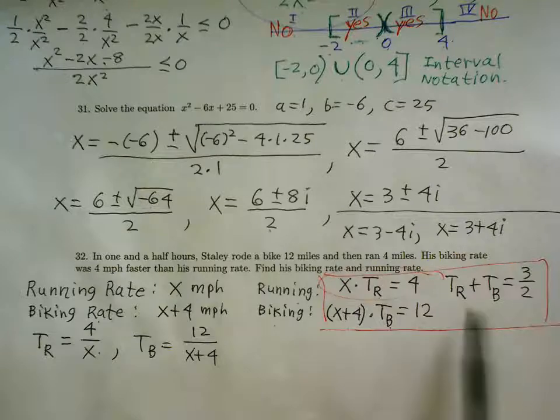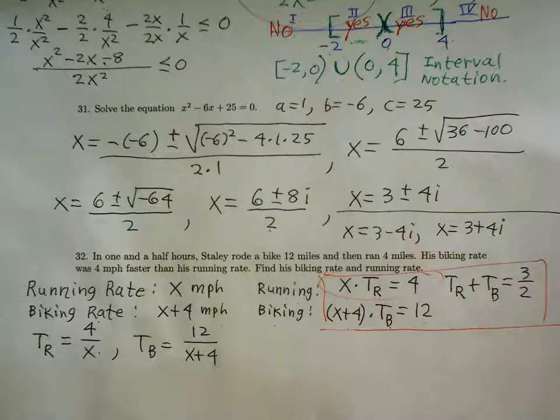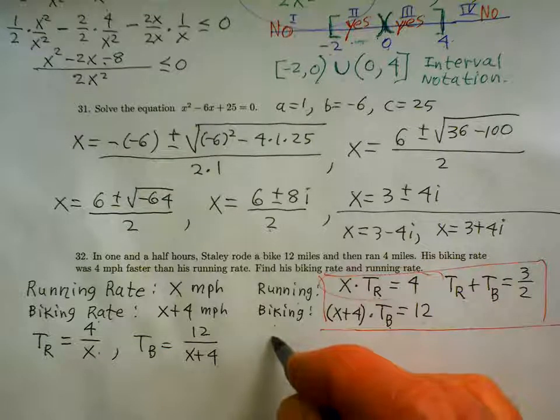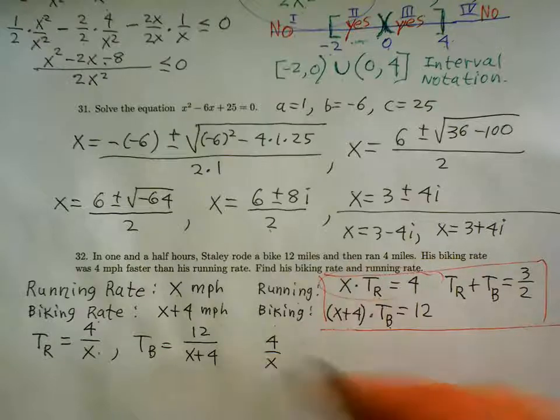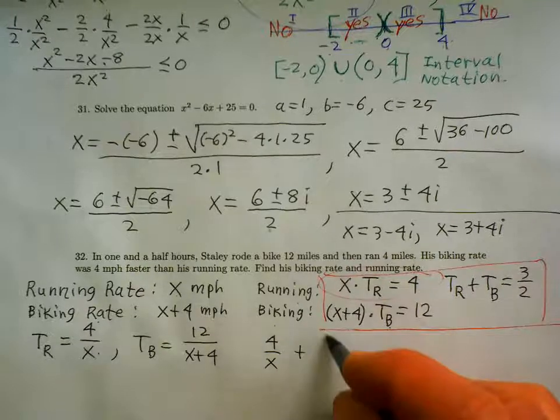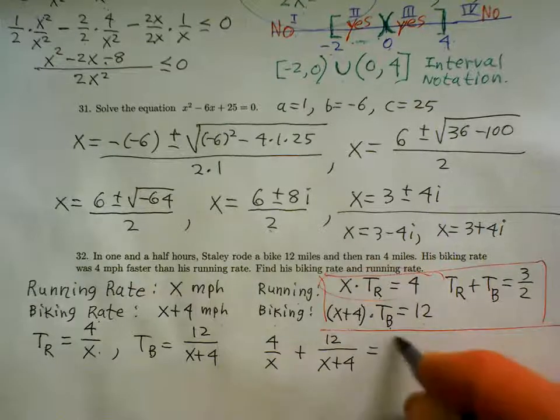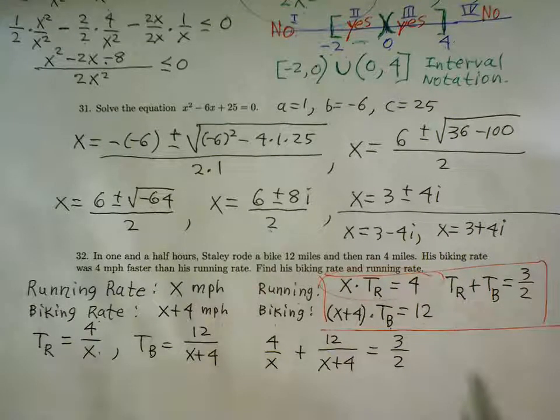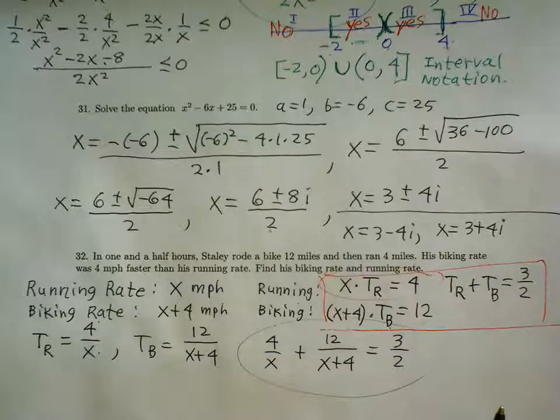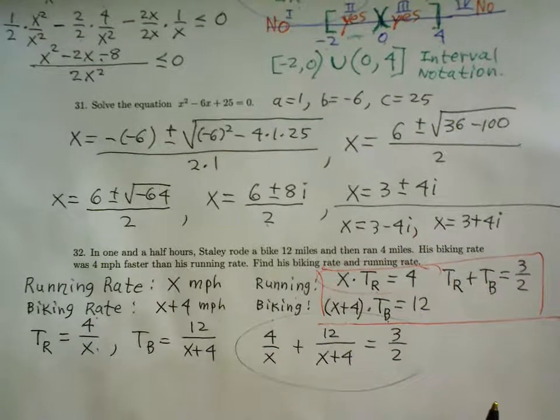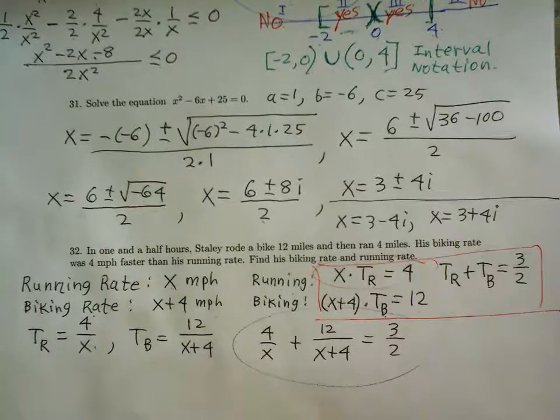But we know that the sum of the times is 3/2. So that means we can write 4 over x plus 12 over x plus 4 equals 3/2. So now we have an equation whose only variable is x. Okay, it's an equation with rational expressions.